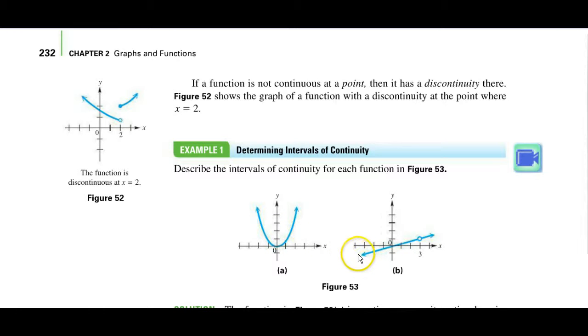Now, as we do this line, and we get up to 3, we see there's a hollow dot at 3. This indicates it is not continuous and shows a discontinuity. You had to lift your pencil up. 3 is not in the set.